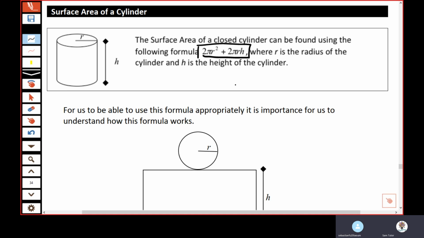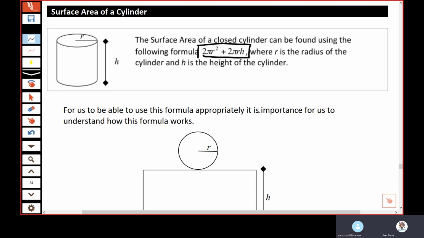Doing that now. I was just writing the title. Alright, got that done. The surface area of a cylinder is 2 pi r squared plus 2 pi r h. You need radius and you need height.